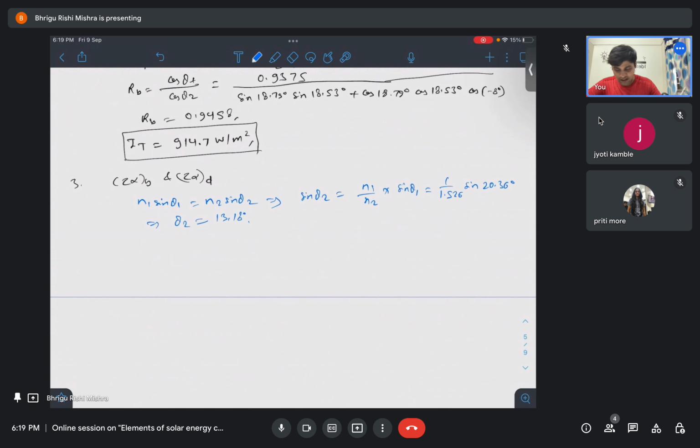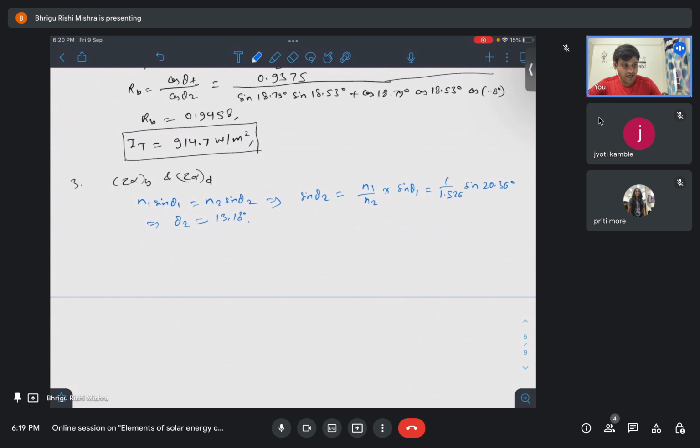Now we have theta 2, so we can calculate the reflectivity for the two modes. In the last class we discussed that solar radiation is electromagnetic radiation, so it has two polarization modes, one TE mode and one TM mode.